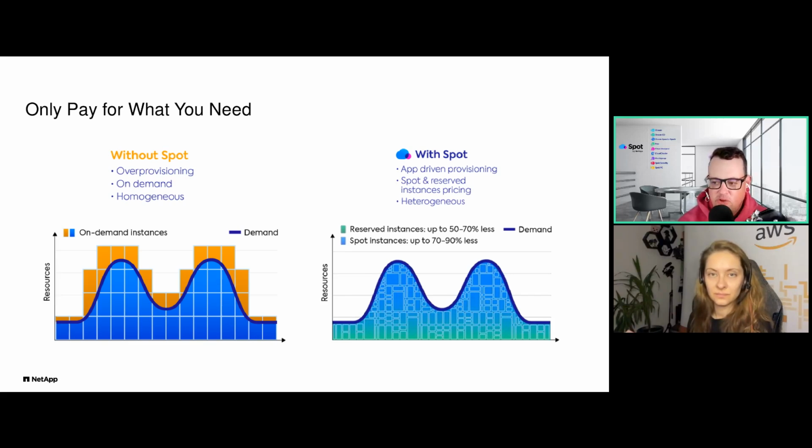And then we go and find you the best blend of instance mixes, which means sometimes it will be running on Spot instances, making sure that we're burning down your reserved instances and savings plans correctly, ensuring that they're getting that utilization and making sure that we've got the right blend at the right time.